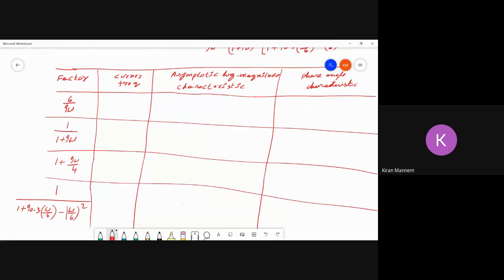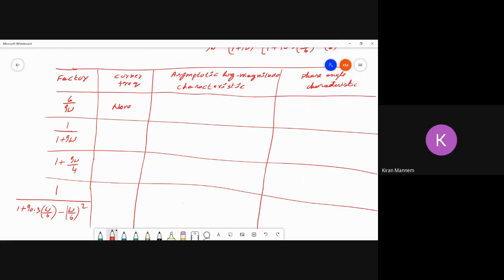So let us find the corner frequency of the first factor. Do you find any corner frequency? For this, it is of the type k by j omega whole to the power of r, right? So that's the first one. There is no corner frequency. The next is 1 by 1 plus j omega T, right?